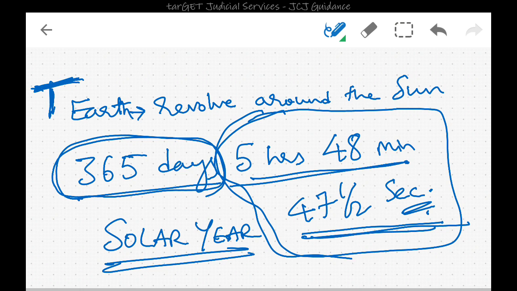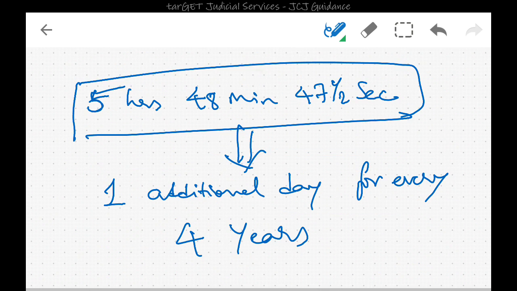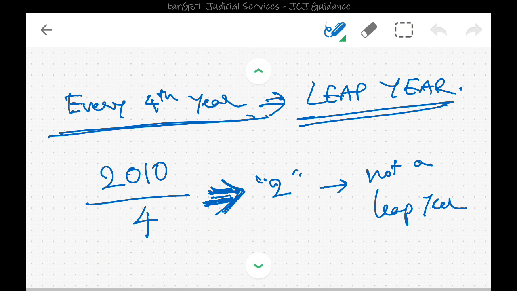Because this is not a round figure, we took the 365 days and made it a year, and the remaining 5 hours, 48 minutes, 47 and a half seconds is rounded off to an additional day for every 4 years. Hence, a leap year falls every 4th year.